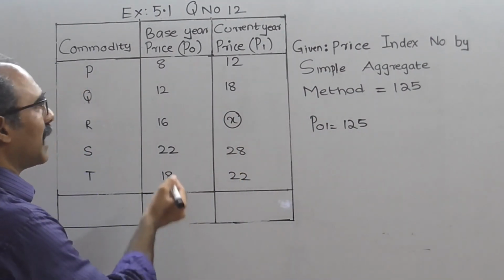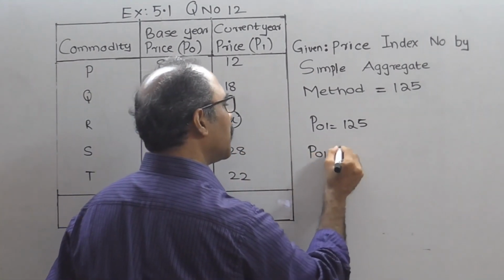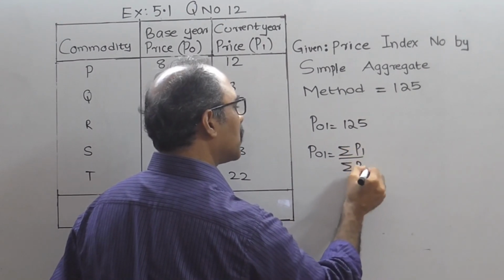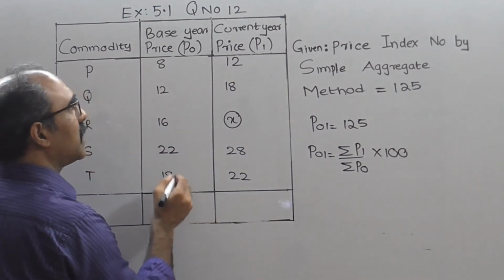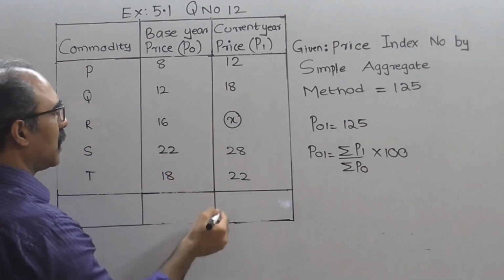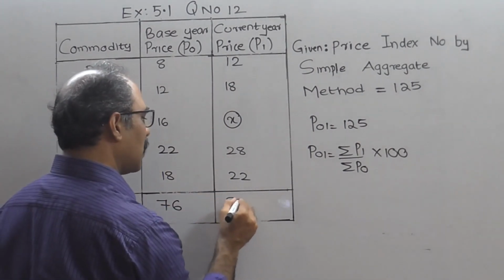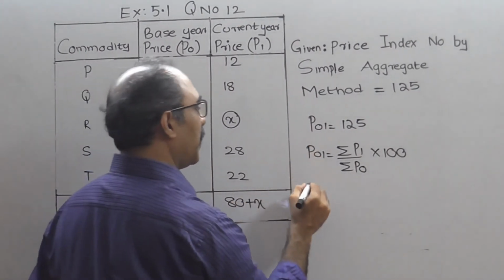Now how to solve the sum? As usual, the formula for P01 is sigma P1 upon sigma P0 multiplied by 100. So can I say that we will have to total P0 column, we will have to total P1 column. This column is 76, this column is 80 plus X. Put all that you know in the formula.